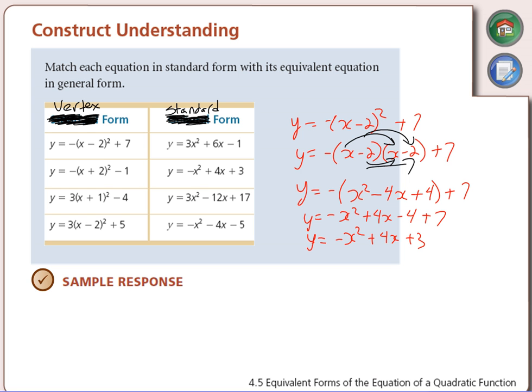And we can see that one right there is this one. And you could go through, you could do that to all of them. You could graph the two of them, see which ones turn out to be the same graphs all the way through. So lots of different methods in this kind of a process to match up the graphs.